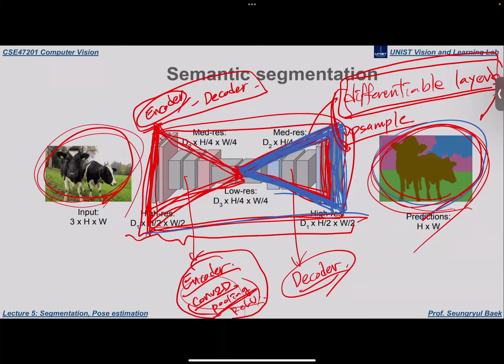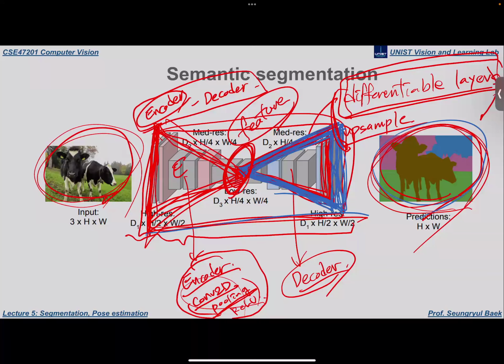For that, this encoder part is composed of the convolutional layers we have learned, and those layers are differentiable and tend to reduce the dimension of the original input size. Then we calculate the feature in the middle.